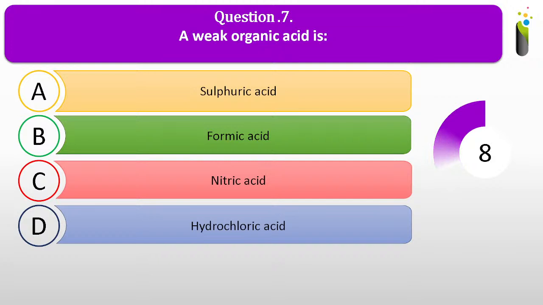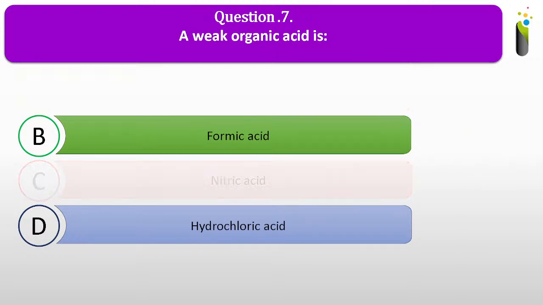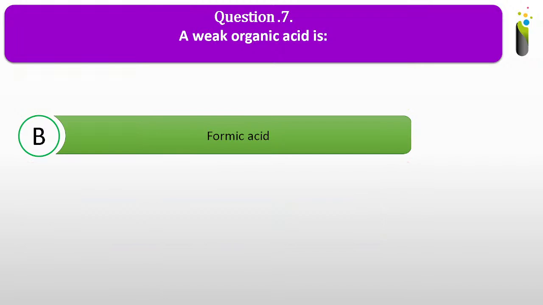So tell me which is the weak organic acid among the options given here. And the correct answer for this is formic acid is the weak organic acid.